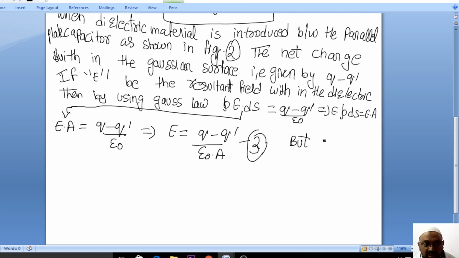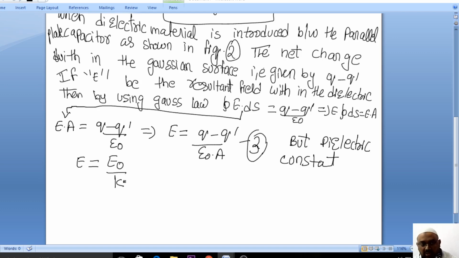But now the expression, or we can say the formula, of the dielectric constant. What a dielectric constant says is that E is equal to capital E suffix A by K. The dielectric constant value is K is equal to epsilon naught by E. The actual dielectric constant is nothing but the ratio of the parallel plate capacitor electric field without the dielectric to the field with the dielectric.